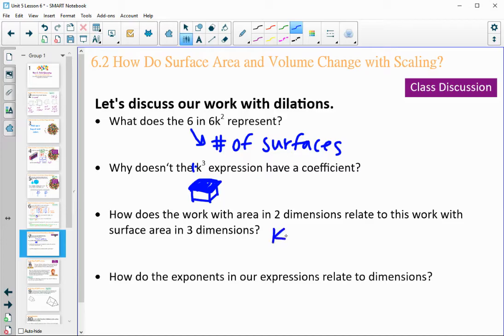So you're still getting that k squared because you're still just doing 2 dimensions. Okay, so that's where these are related. K squared because you have a length and a width. Now when you look at volume, the k cubed adds in a dimension of a height. So now not only do we have length and width, we're also adding in that 3rd dimension of height.